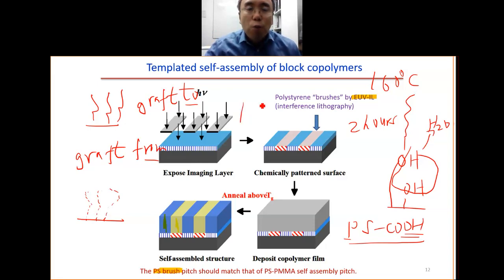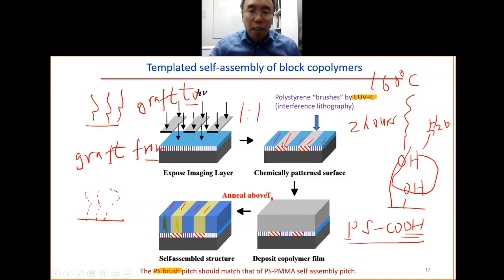So the number of the lines is the same as the number of the pattern at the end. So we do not increase the pattern density. It's the same pitch. But still, this one is useful because if this part is very rough, after this process, the transition will be very smooth. You get very smooth lines.